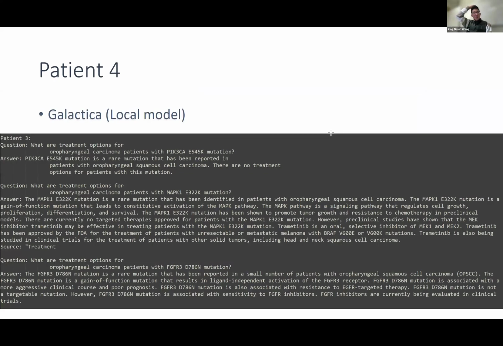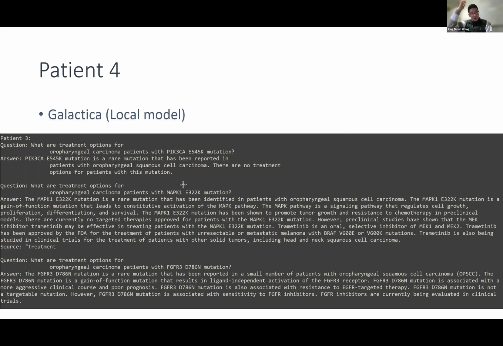In contrast, now we can have a look at the outputs of the Galactica model, which was our example for a local model, which doesn't really require the ChatGPT API. So you can just install it locally, and you do not need to feed sensitive patient information to a third-party model.